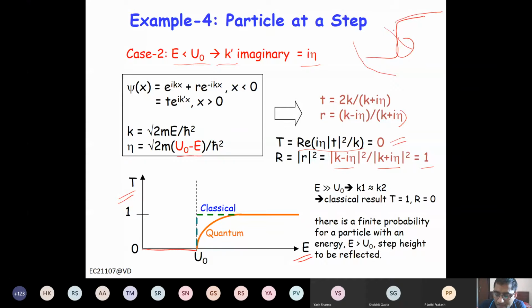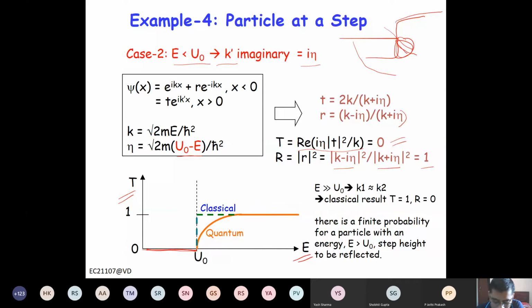You understand? A wave entering here doesn't mean it is transmitted. It is decaying here, right? So for electron energy less than the potential barrier, there is no transmission, whether it is classical or quantum mechanics.